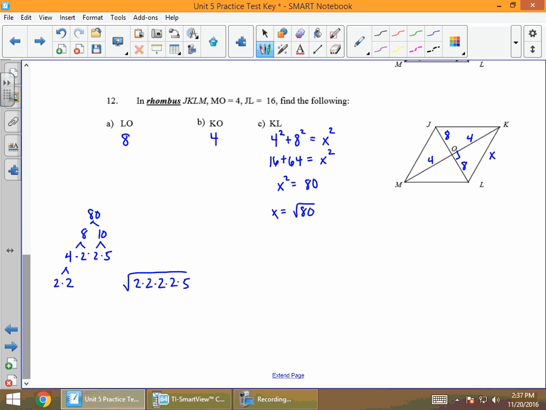And to get out of the radical, they must come out in groups of 2. So I can take out a 2 there, take out a 2 there. So the square root of 80 on the outside is 2 times 2, which is 4. Inside is a 5. So 4 radical 5. If you just found the decimal for that, the decimal is right around 8.9.